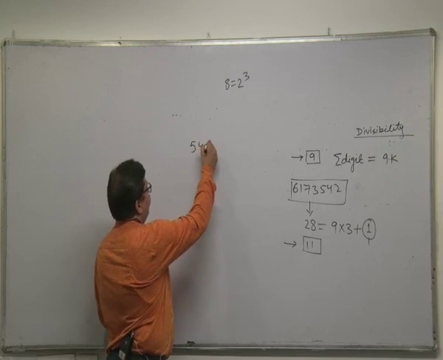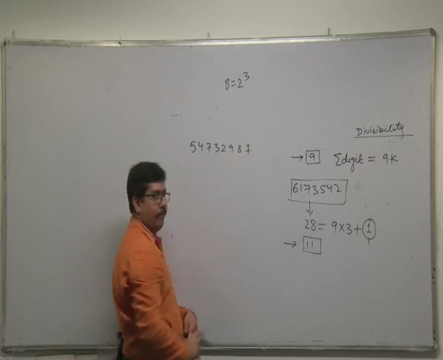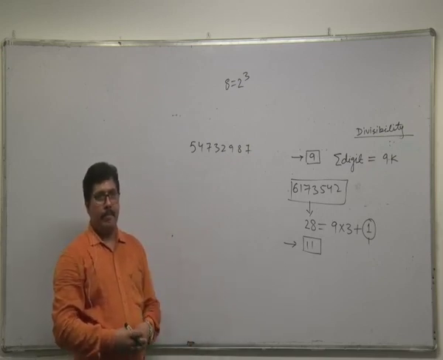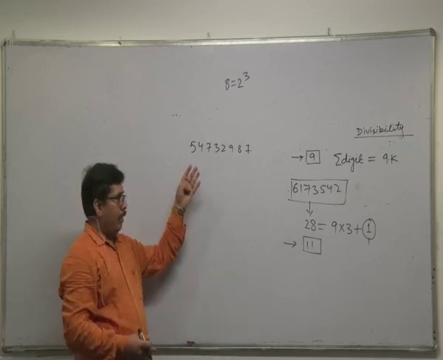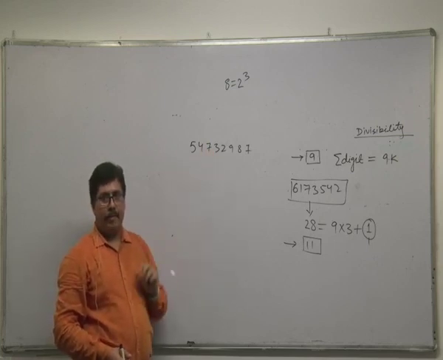5, 4, 7, 3, 2, 9, 8, 7 is the number. And I want to check whether this number is a multiple of 11 or not.